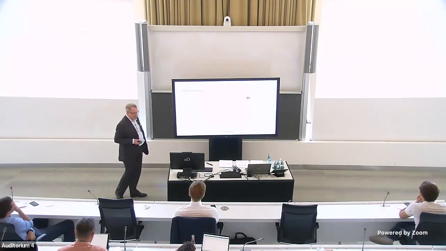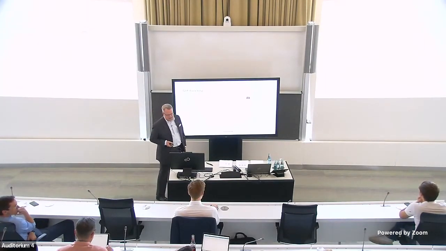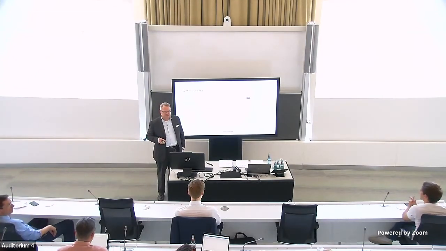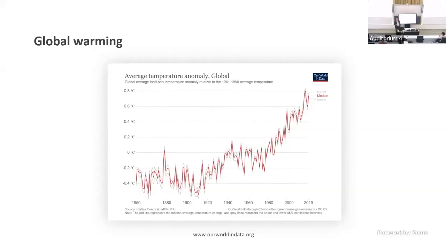So a quick introduction. And these pictures, you've all seen this or similar pictures, I'm sure. So what's behind it all? Well, one thing that's behind it is global warming. The people who put this graph together start in 1850, because that's when they think the Industrial Revolution really started.